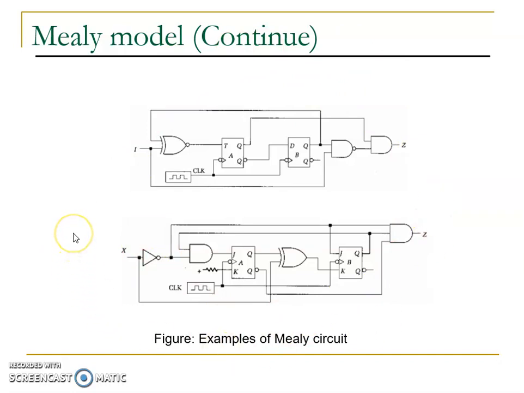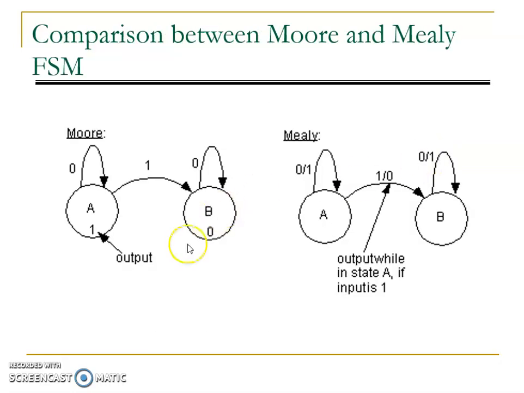If you look back at the Moore machine model circuit, you can see that the input is not connected to the output. So this is how you examine whether a circuit is a Mealy or Moore model. Then the comparison between Moore and Mealy FSM. This is the state diagram for the Moore model and this is for the Mealy model.